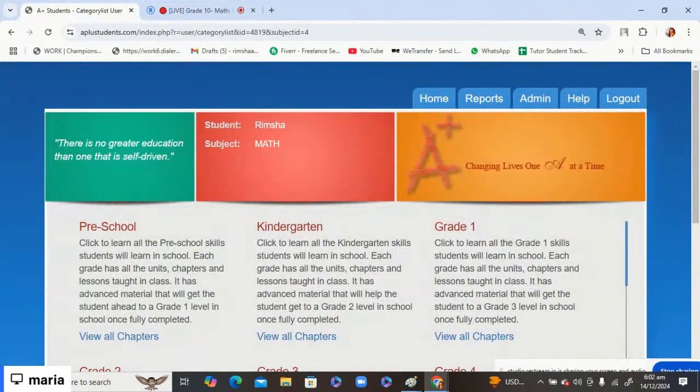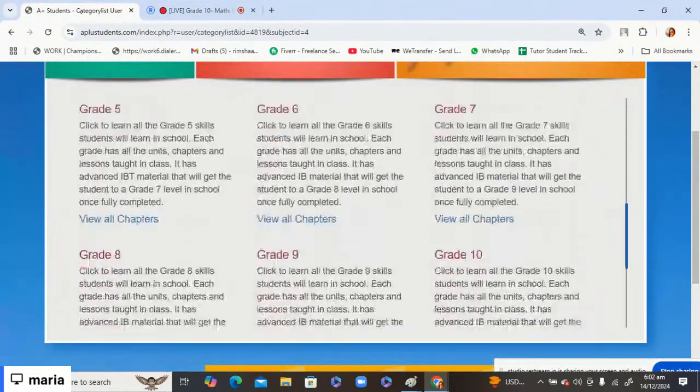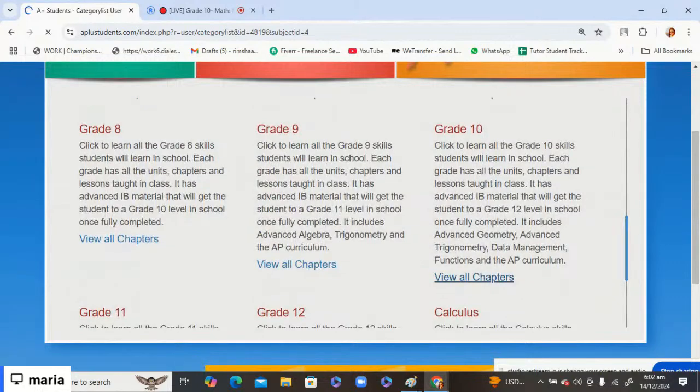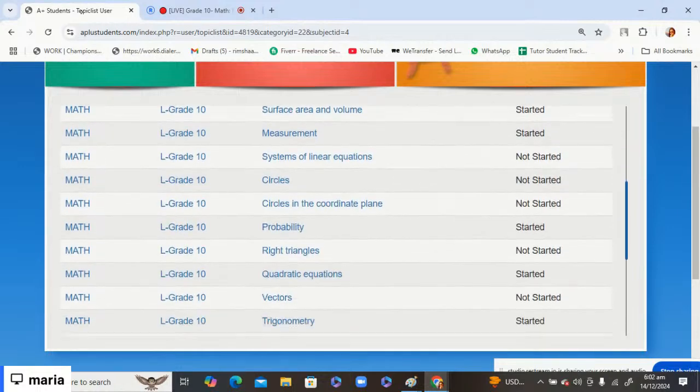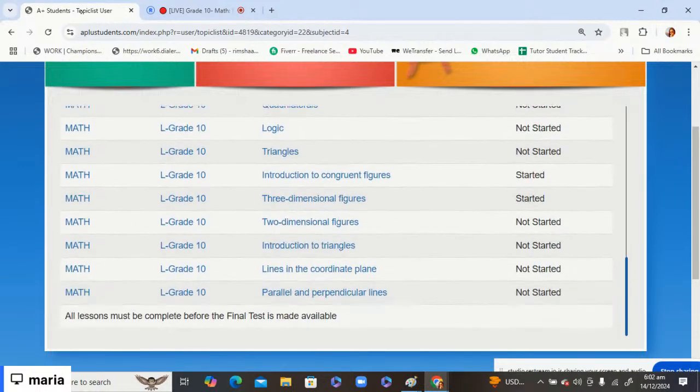Go to the subject tab, select maths from there, scroll down to grade 10, view all chapters, and here is the list of the chapters. So we are on measurements.